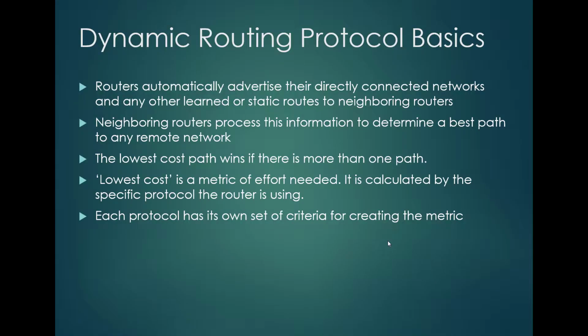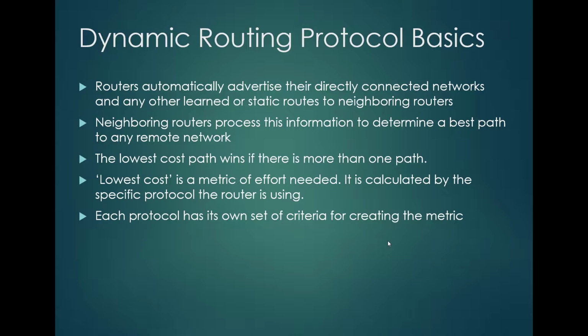So dynamic routing protocols, the advantage of that is these routers automatically advertise their directly connected networks to each other. So they can build this table or static routes to their neighbors. So neighbor routes processing information determines the best path to any remote network. Based on these different calculations, they would come up with the costs.